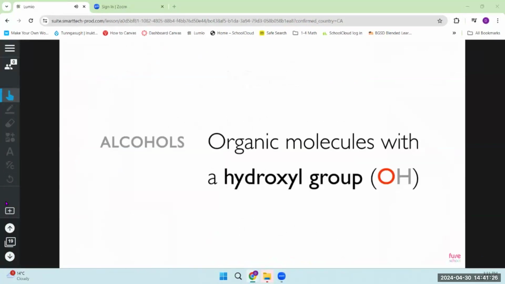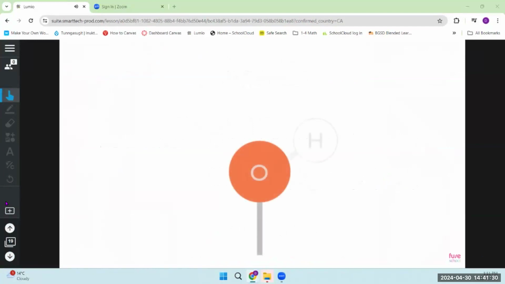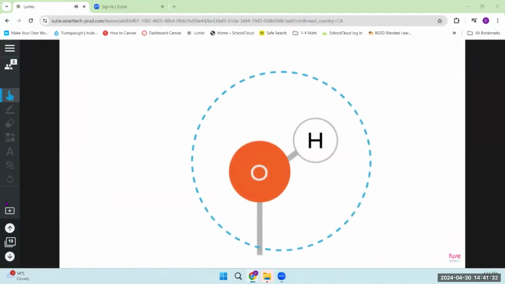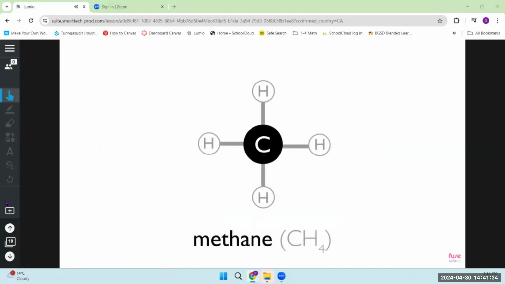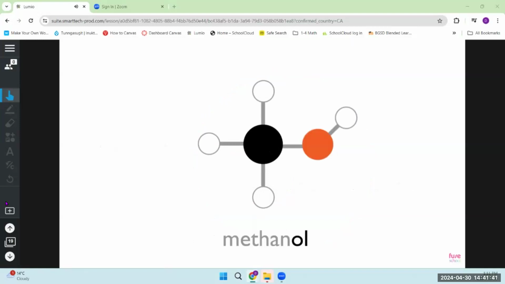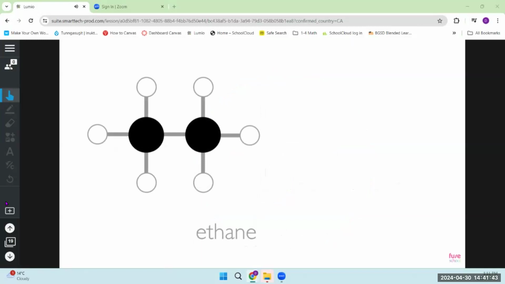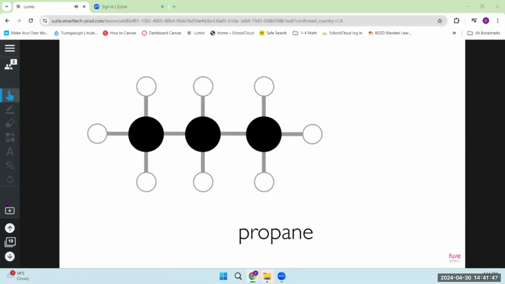Alcohols are organic molecules with the hydroxyl functional group, which is an oxygen bonded to a hydrogen, OH. Here is methane. Replace a hydrogen with the alcohol functional group to form methanol. Here is ethane, and here is ethanol, propane and propanol.